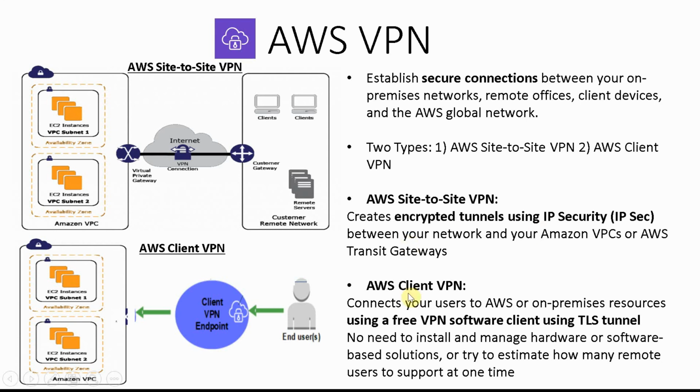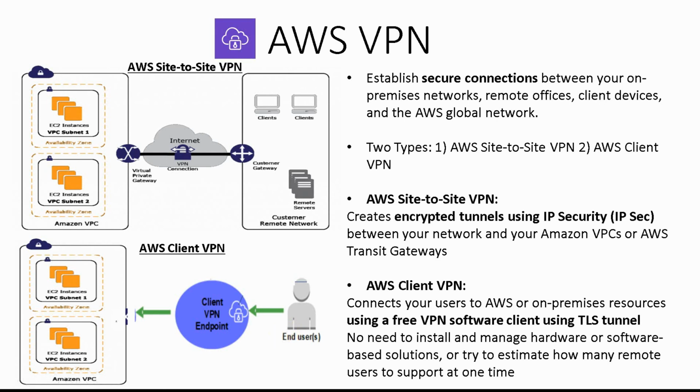So site-to-site VPN is primarily an external data center kind of use case. The other option under VPN is client VPN. This is another category, and it is what we generally use in our organizations as well.